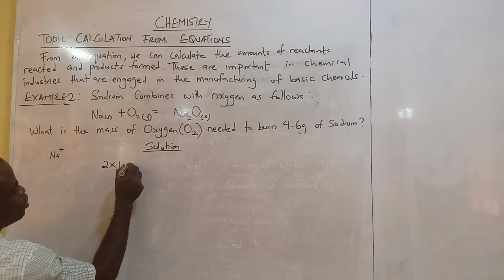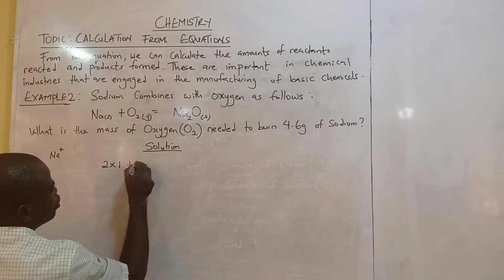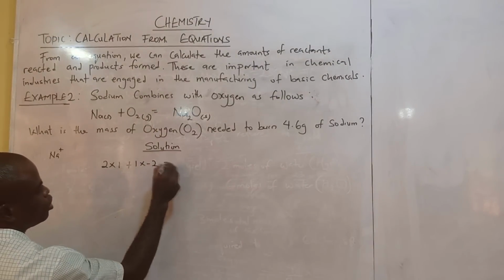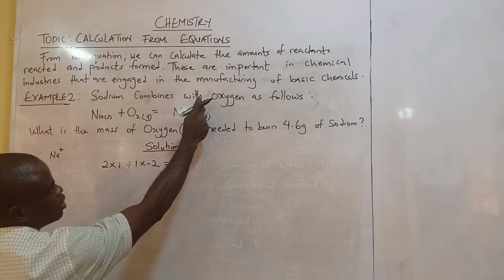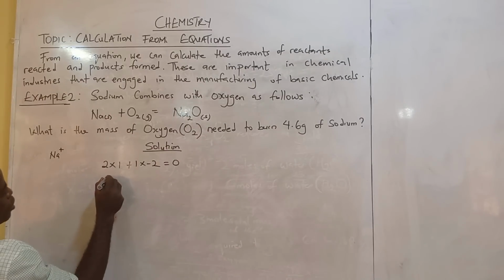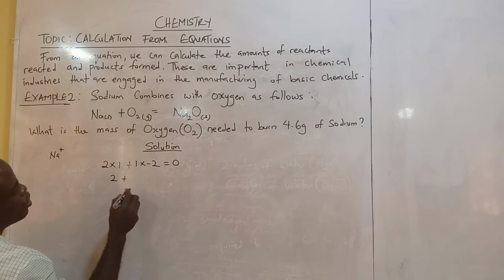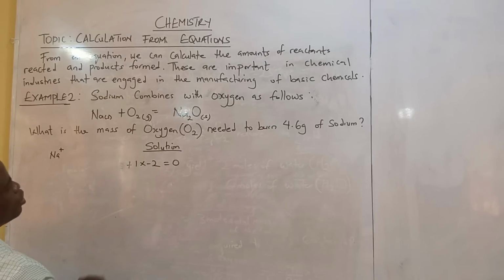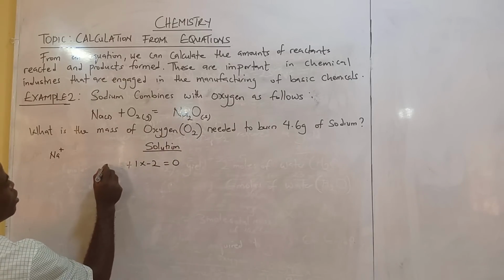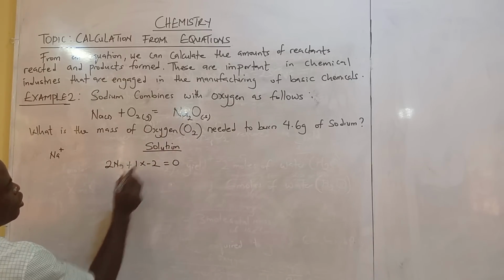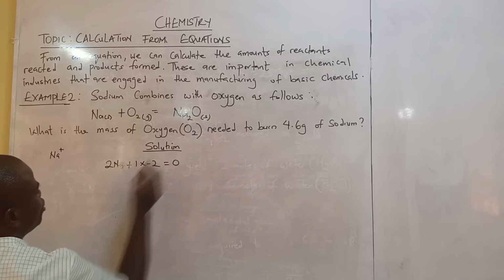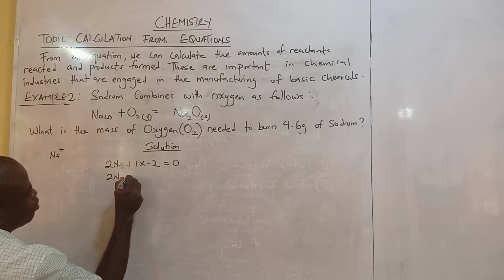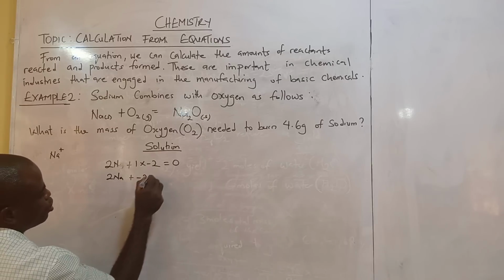That's 2 times 1 plus 1 times the ion on oxygen, which is minus 2, which is equal to 0 because it is neutral. Let's call it 2Na, because there is no number again in the middle. We call it 2Na, which is 2Na plus minus 2 equals 0.